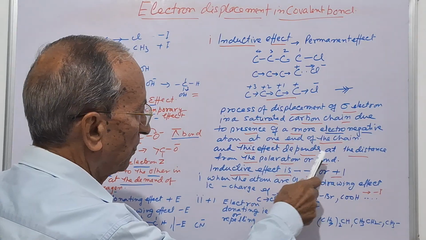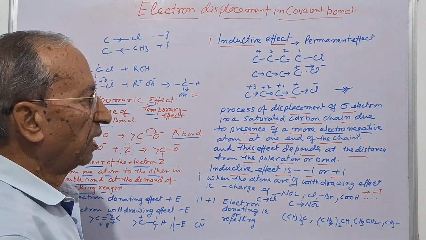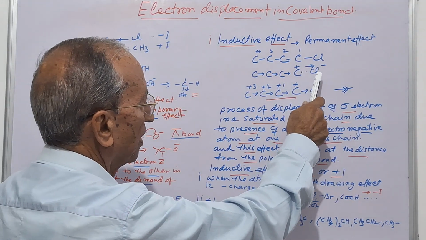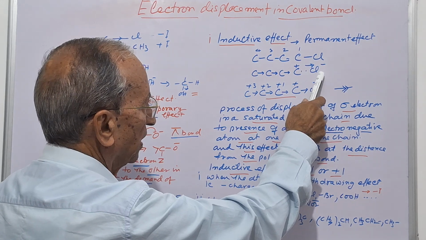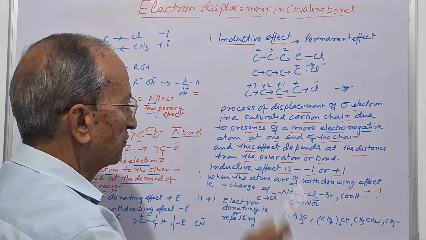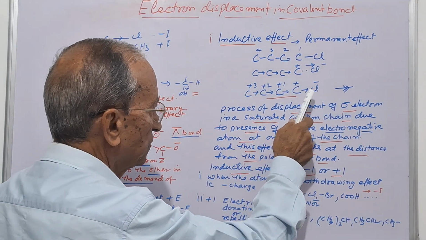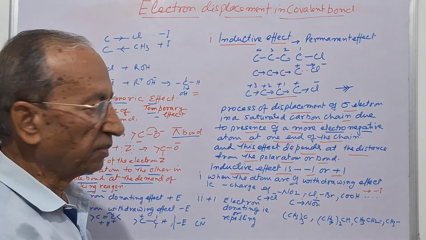This effect depends on the distance from the polar atom of the bond. The force of attraction of the chlorine, the negative charge, decreases as the number of carbon atoms increases, and after carbon atom 4 this force of attraction is almost negligible.